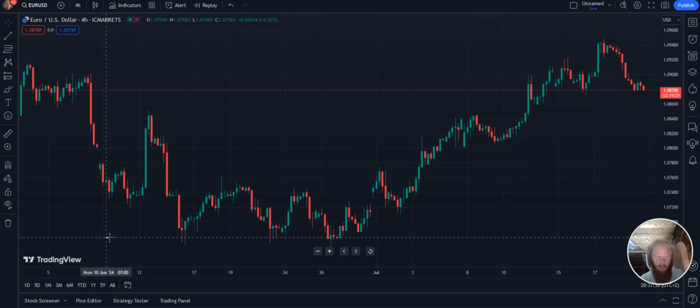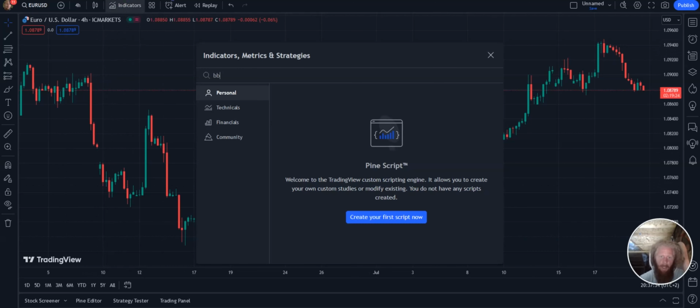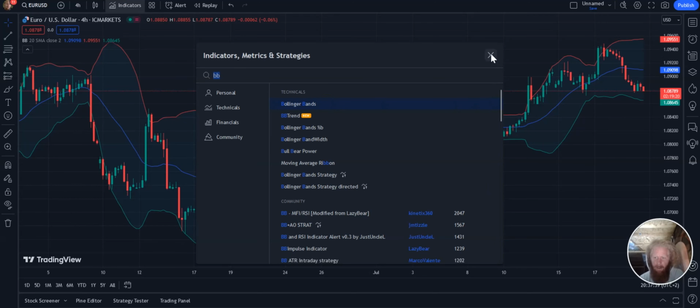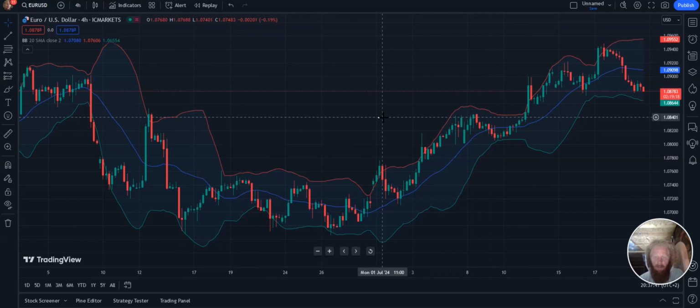Let's just start. Most traders are using the Bollinger Bands in the wrong way in my opinion, and I am going to show you how you should actually use it if you want to be profitable with it.